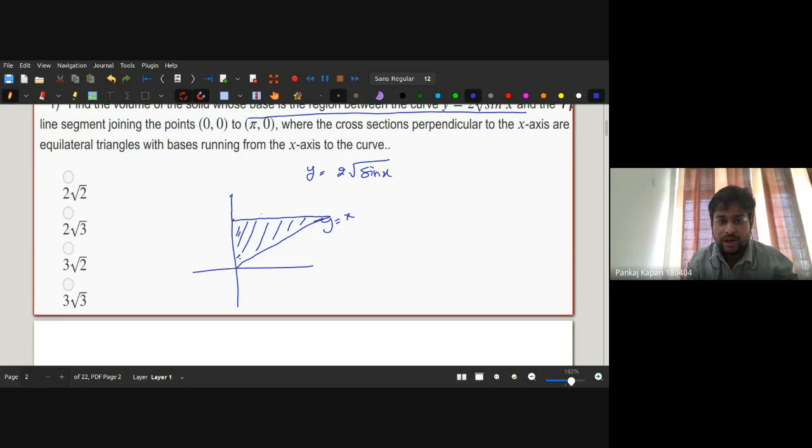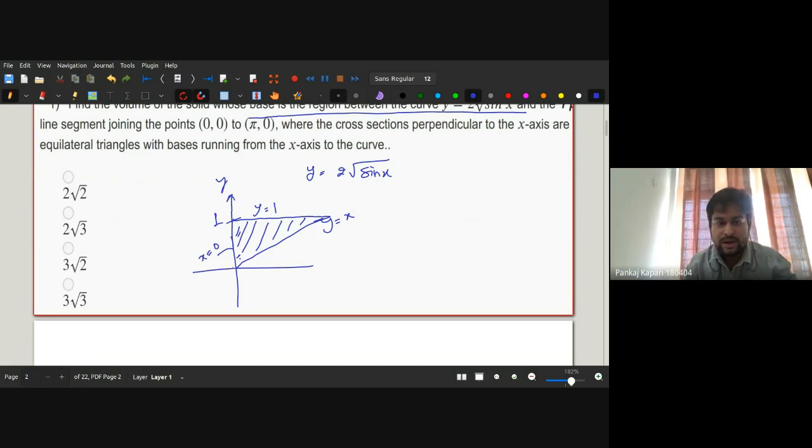This is y equal to x, this you can say y equal to 1, and then the y-axis, which is just the line x equal to 0, because on the y-axis your x coordinate is always 0. So this is a triangular region bounded by three different lines, and you may be asked to find the volume of a solid which you get after you revolve this region about some axis.